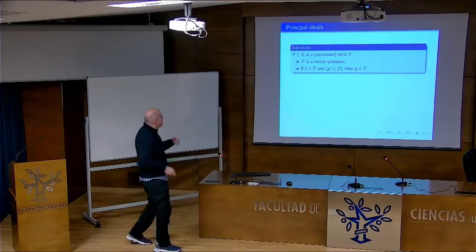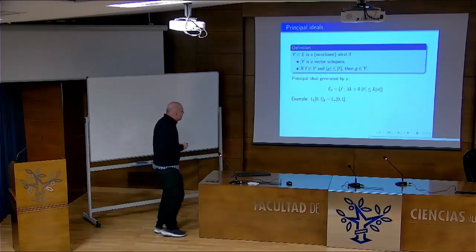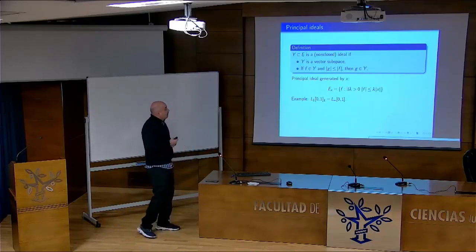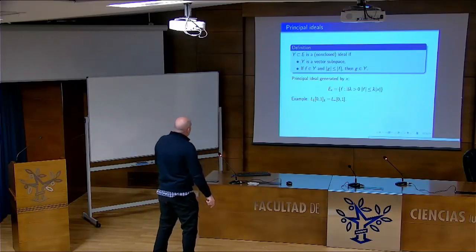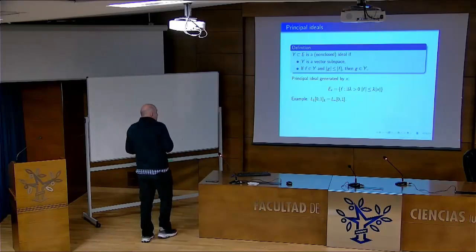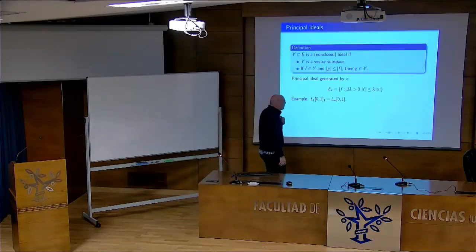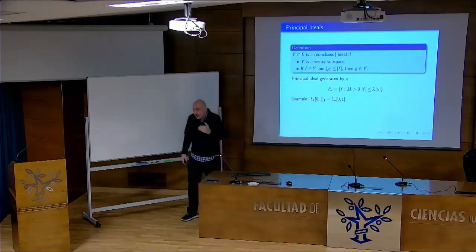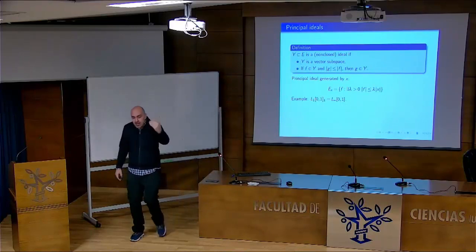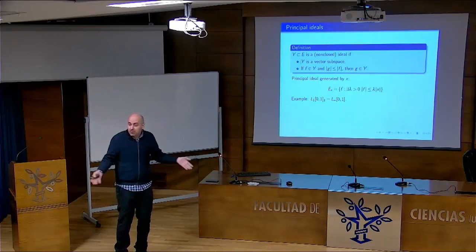This actually makes sense in a vector lattice, as I said before. And what is the principal ideal generated by a vector? Well, as usual, it's just the smallest ideal that contains that vector, which I can actually describe in this way. It's the set of all elements in my Banach lattice which are dominated by a positive multiple of x, or of the absolute value of x.